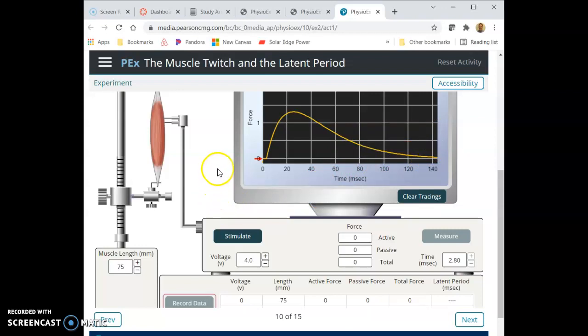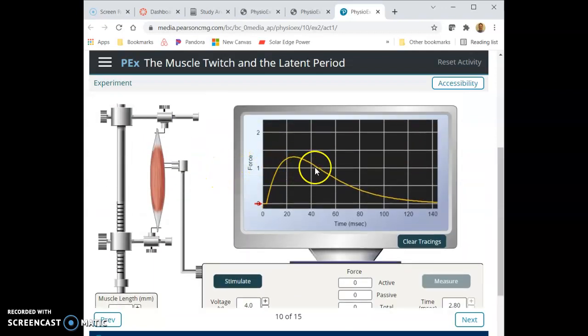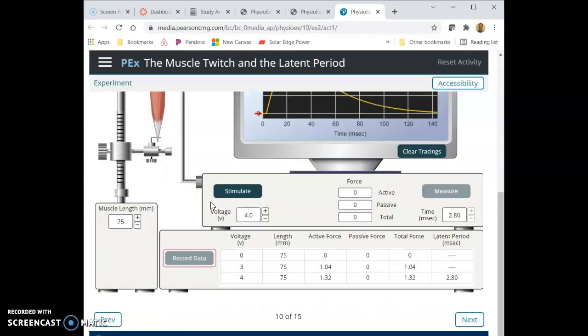Now, what you'll find in the later lab is if you hit a stimulus, say right about here, this can go higher. The reason for that is that there's still calcium in our muscles. Calcium is super important. Remember how calcium allows the myosin and actin to interact and you can have a contraction?